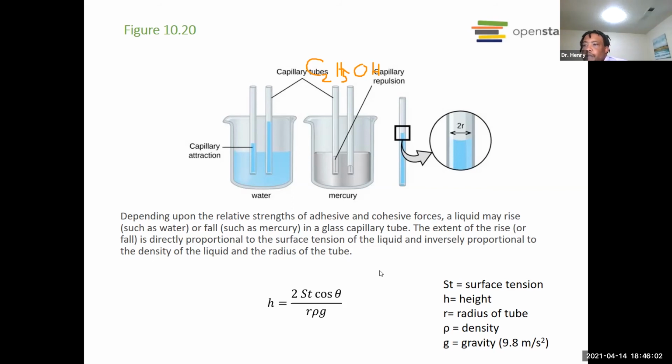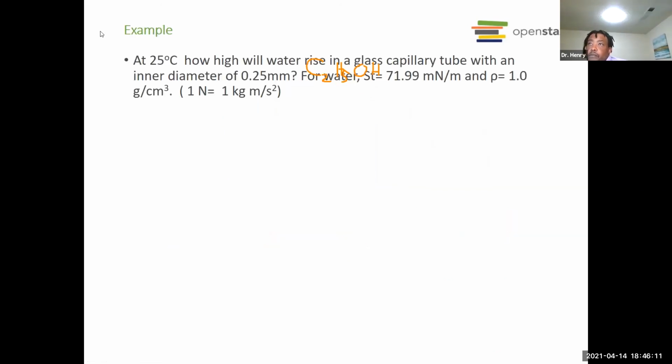So if we have water going in a capillary tube, how high will the water rise at 25 degrees? So at 25 degrees, how high will the water rise in the capillary tube with an inner diameter of 0.25 millimeters?